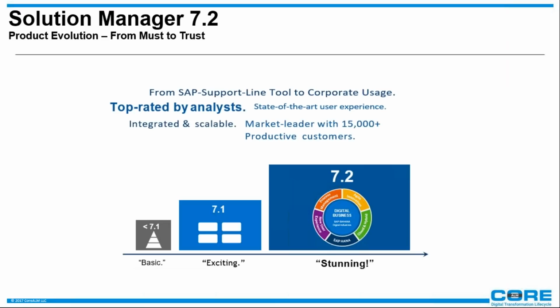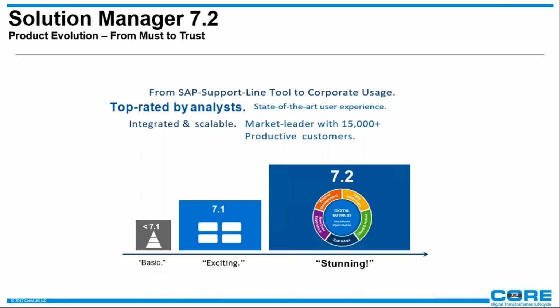First of all, I want to talk a little bit about Solution Manager 7.2 overall. It started out pretty basic back in the early days. A lot of implementations used the document management and project management part of Solution Manager, and then for testing, there was test management.